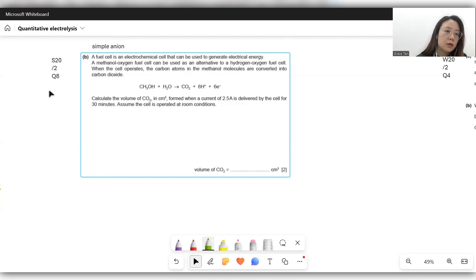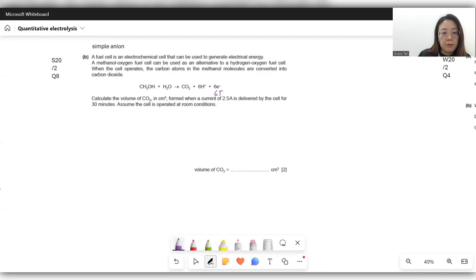What is nice about this question is that they have given us the equation. What we can see from the equation here is we need 6 Faraday to give us 1 mole of CO2. So theoretically, 6 times 96500 is 579,000, which will only give me 1 mole of carbon dioxide gas.